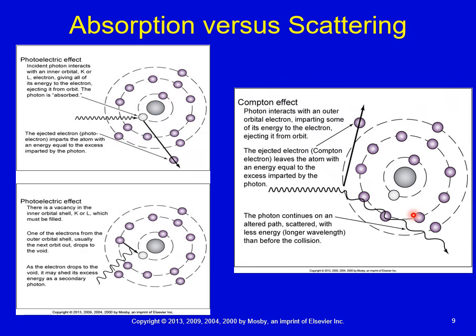Scatter produces fog on an image, and just like when we drive in fog, fog makes it difficult to see. In imaging, that's the same thing. It makes it very difficult to see. All right, so this is the difference between the photoelectric effect and the Compton effect, also known as photoelectric absorption or Compton scatter.